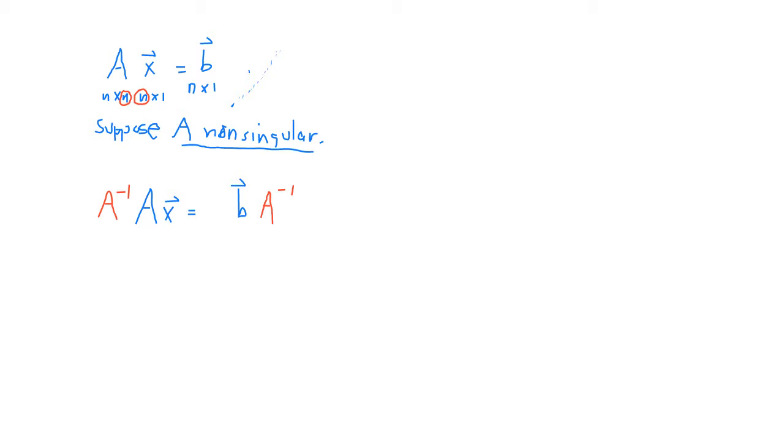Lewis says no. Why is this not allowed? That's right. Lewis says you'd have an n by 1 vector times an n by n matrix, so the matrix multiplication is not even defined. So A inverse has to be over here. Let's go with that.